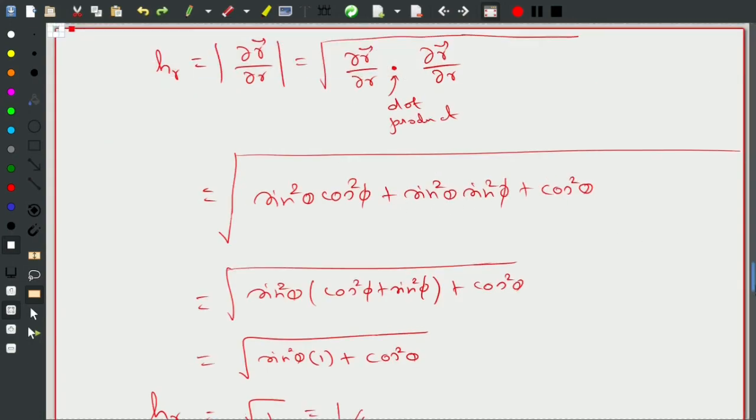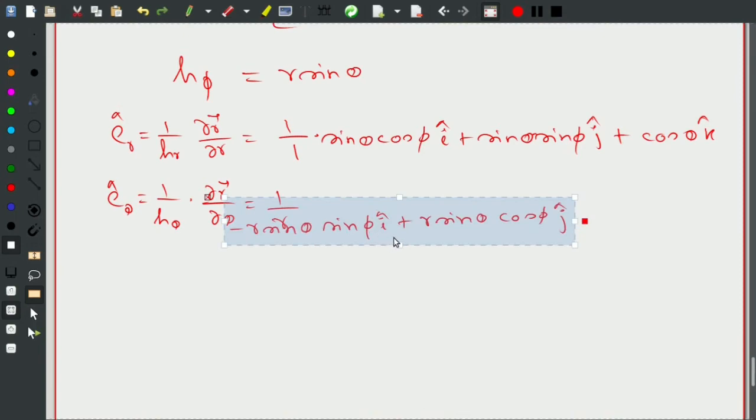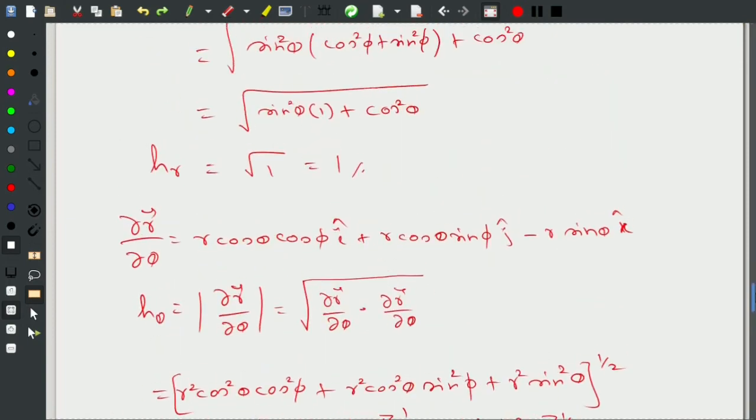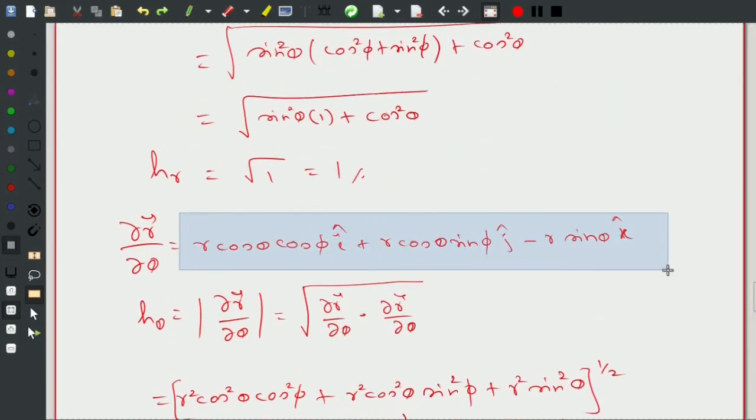Sorry, the earlier expression was dou r by dou phi, so we have to find dou r by dou theta.